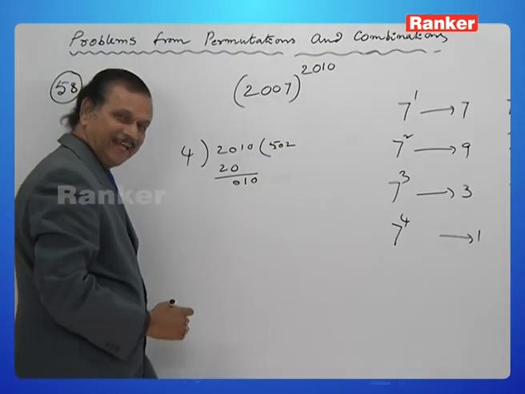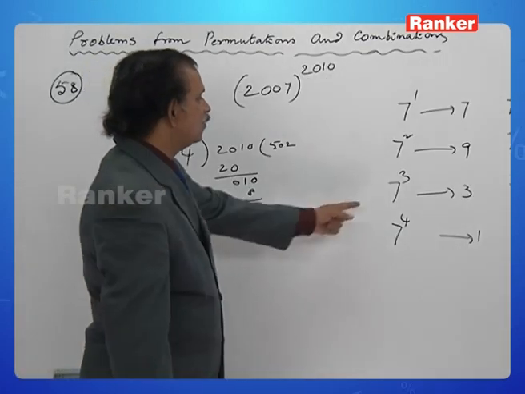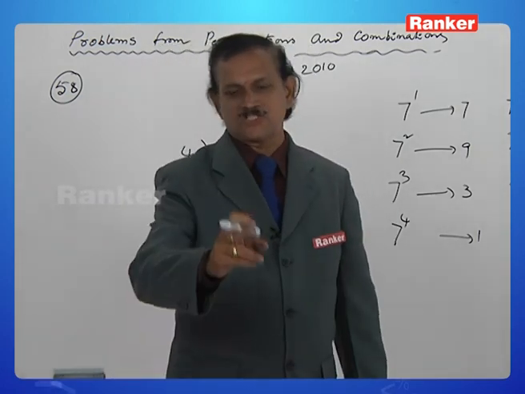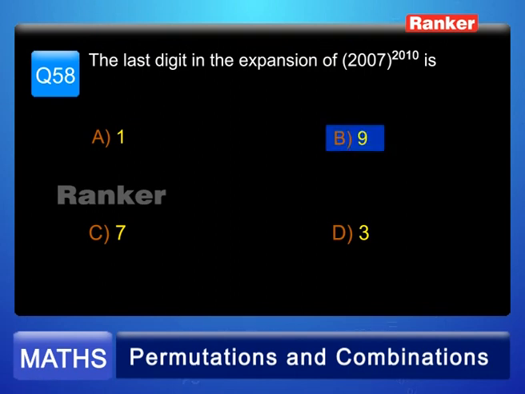So the remainder is 2. If the remainder is 2, what is the last digit? 9. Therefore, the last digit is 9. That is, the answer is 9, and the right option is B. Option B is the right option.